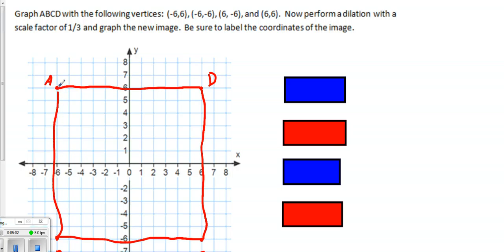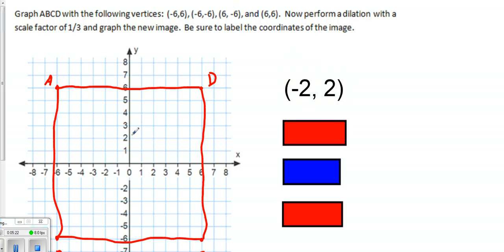So now we're going to perform a dilation with a scale factor of 1/3 and graph the new image. Be sure to label the coordinates of the image. So A, remember, was -6, 6, which means the next one should be at -2, 2.